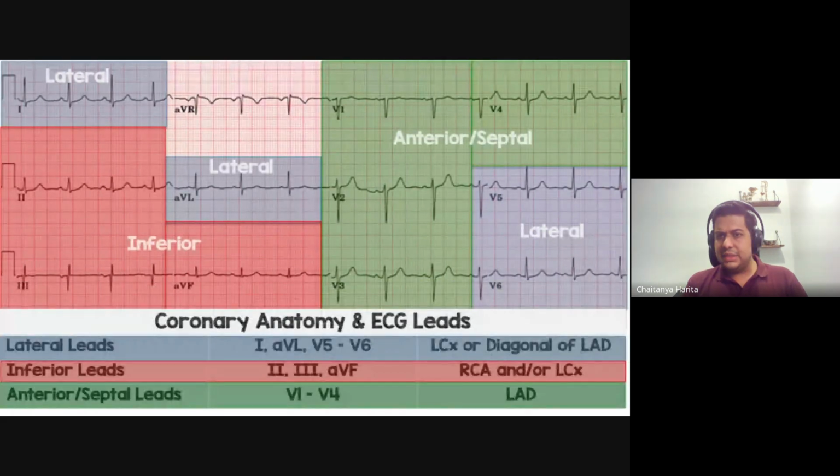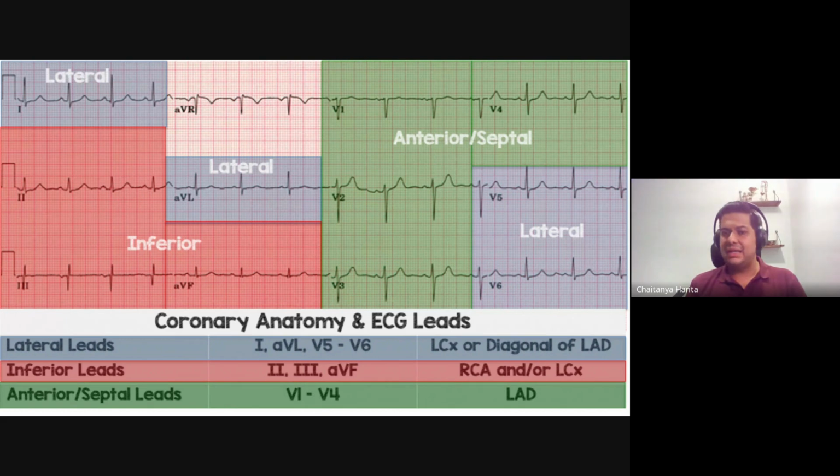So this slide shows you what I was talking about in terms of which leads correspond to which arterial territory. 1, AVL and V5, V6 are the lateral wall of the heart, which is generally supplied by the circumflex artery. In some patients, it can be supplied by the right coronary.